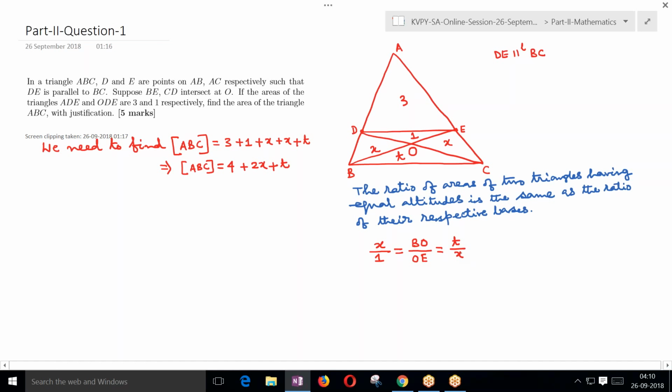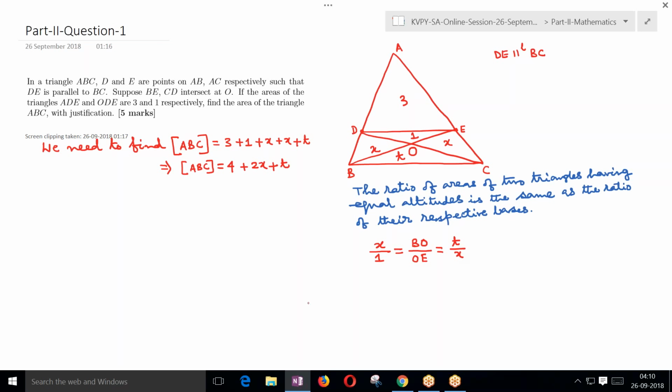Because if you look at BO and OE, T is the area of the triangle OBC, and if we consider OB as the base of the triangle OBC, then the other triangle is OEC, where the base is OE, because the altitude of the two triangles BOC and OEC has to be equal.